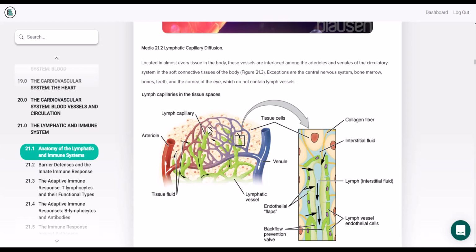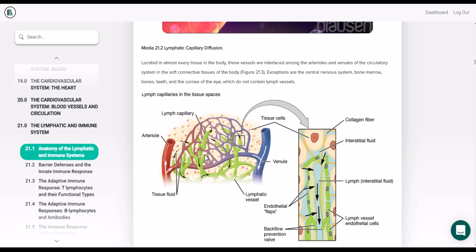This is where gas exchange is happening, nutrient exchange, water exchange, all that moves in and out of your bloodstream happens at the capillary bed. And then what you see is that interwoven in the capillary bed are these lymphatic capillaries. And again, excess fluid is picked up and travels back through the lymphatic vessels.